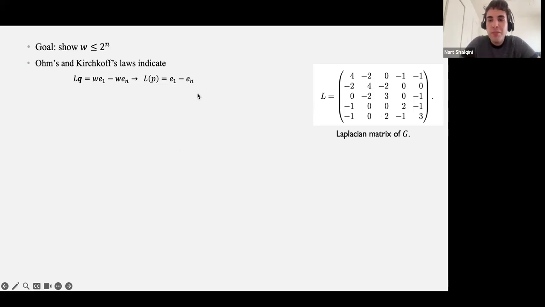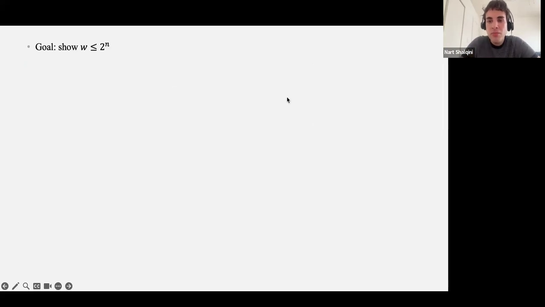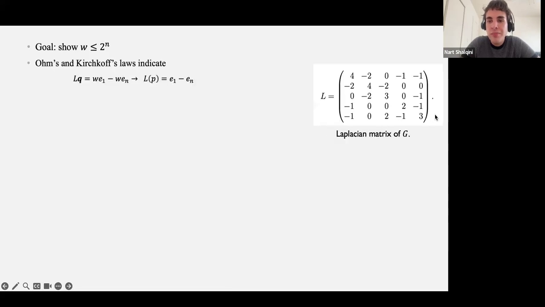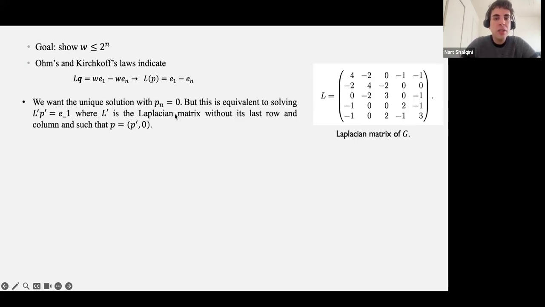In the example of my tile here, in a rectangle, this is going to be my Laplacian matrix. We want the unique solution with the last component being 0, because we assume that the last component has 0 potential.